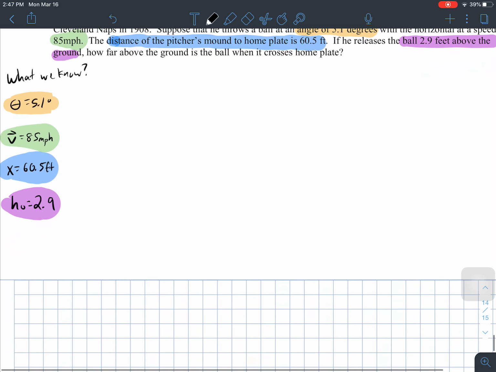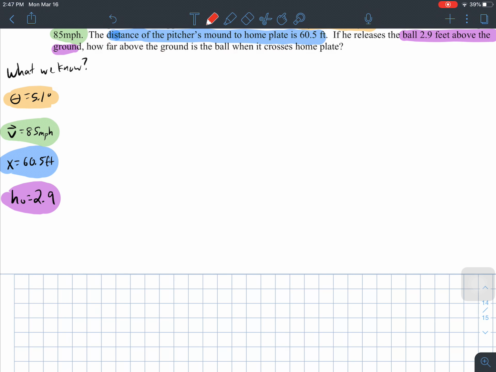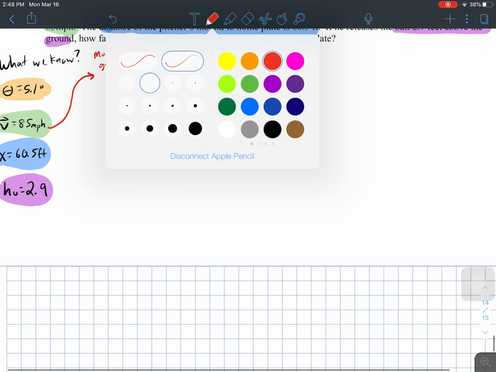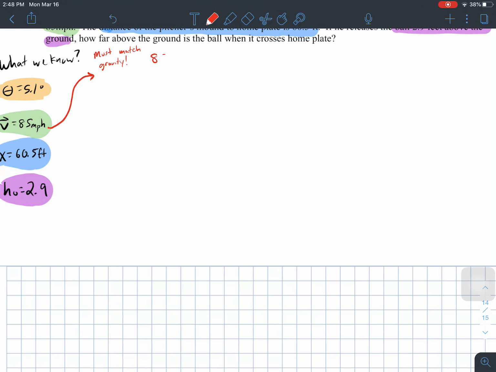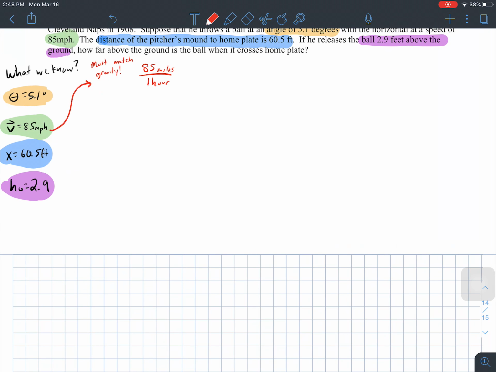But the hardest part, and I'm going to start with this first, because initial velocity is in miles per hour, but gravity is not. And we must match gravity for it.